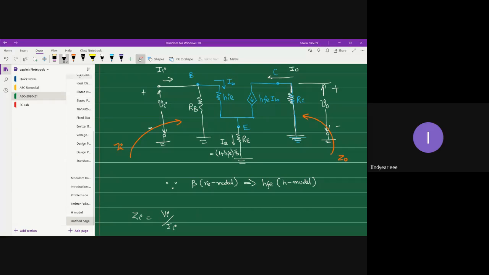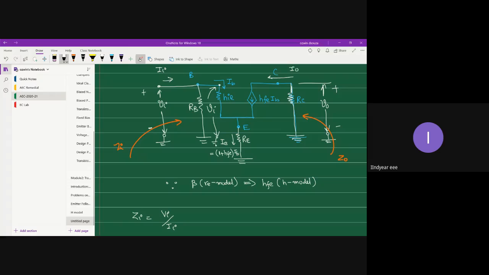So we will measure the input voltage VI across the base terminal and the ground terminal.